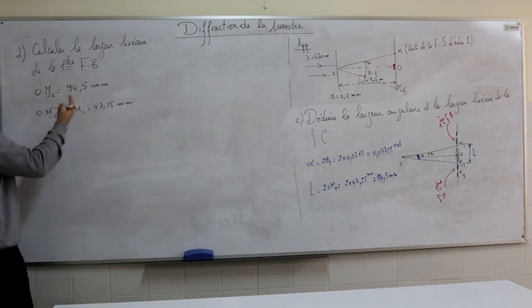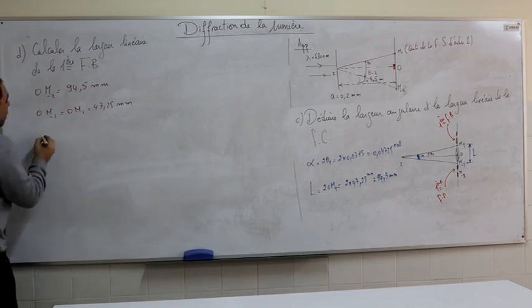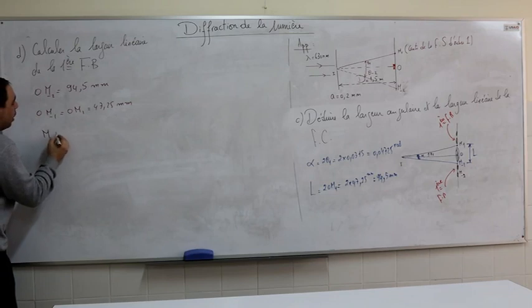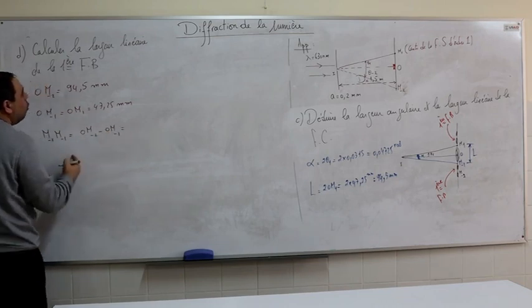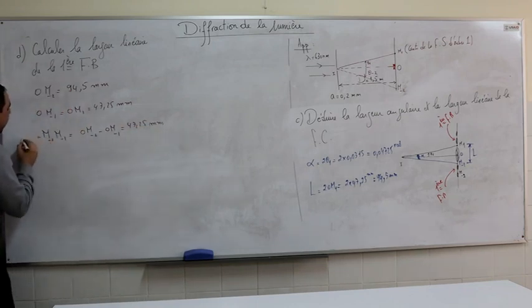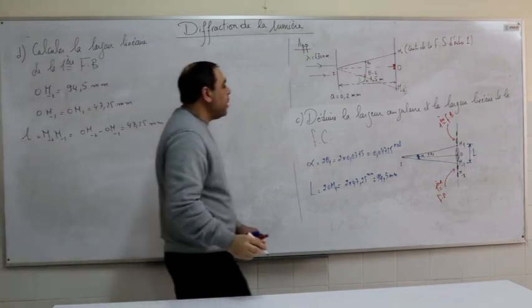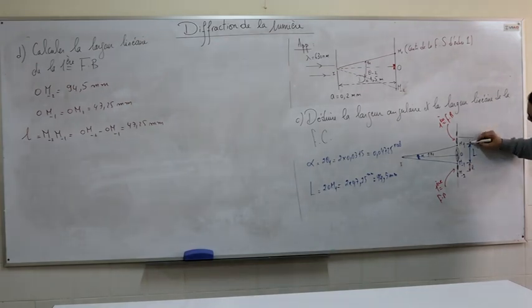And then M-2, M-1 is equal to OM-2 minus OM-1, which is equal to 47.25 millimeters. Here's the linear width L of the first bright fringe from either sides, as you see.